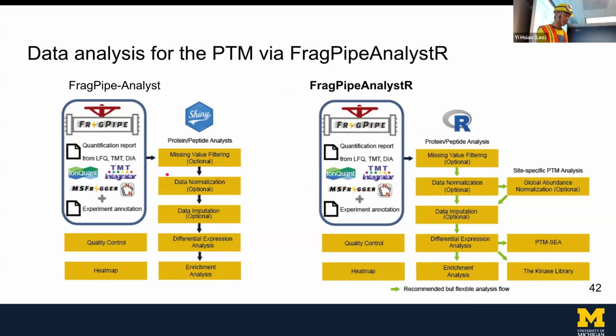But in the original FragPipe, you are only able to define a fixed pipeline that most people will probably use, but for your application it probably doesn't work. And one of the interesting things is that site-specific PTM analysis is increasingly getting attention, so we want to uncover some of that analysis.